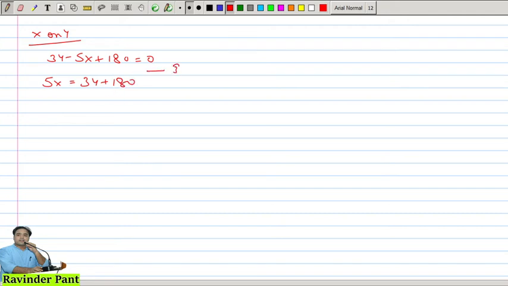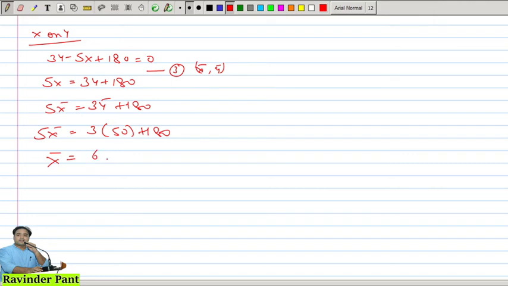And since the point 3 discussed, it will pass through x bar comma y bar, so let us put the values here. 5x bar is equal to 3y bar plus 180. Y bar value is given as 50, so 3 times 50 plus 180. So what will be the value of x bar? 66. You calculate it by yourself.